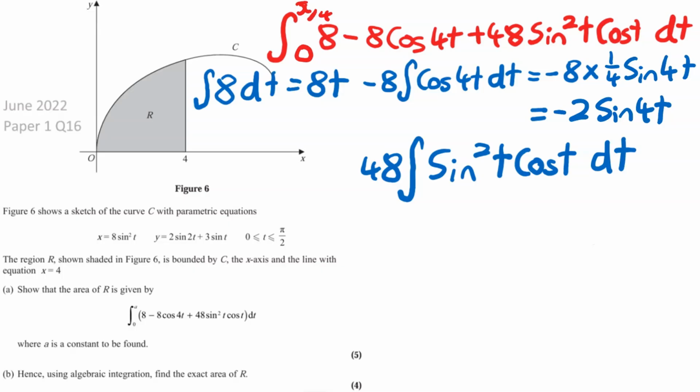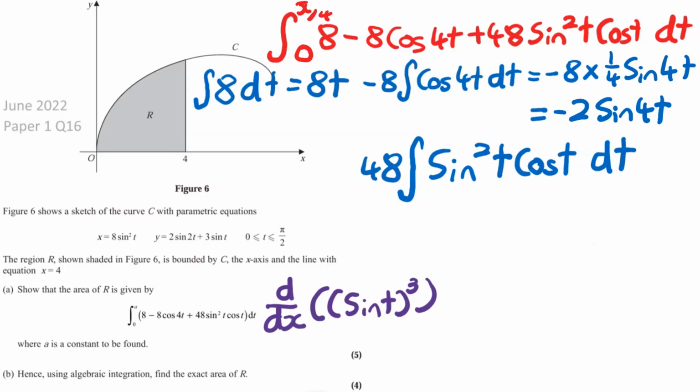Increase this power by 1, so it's going to be sin t to the power of 3, and then we're going to differentiate this using the chain rule, with the inner function being sin t and the outer function being the power of 3. Remember, the chain rule is the inner function differentiated multiplied by the outer function differentiated. The inner function differentiated is sin t differentiated.